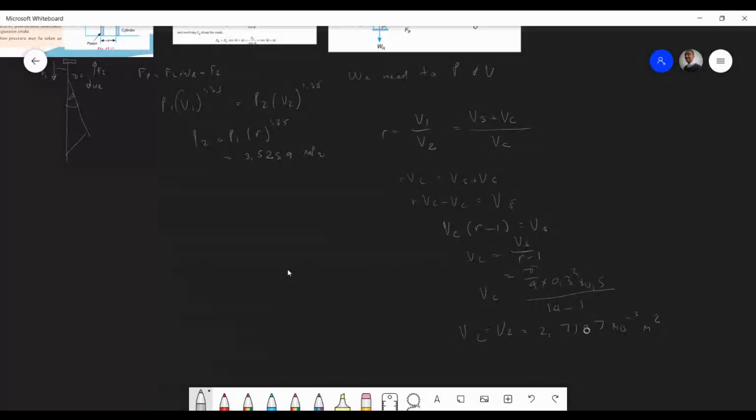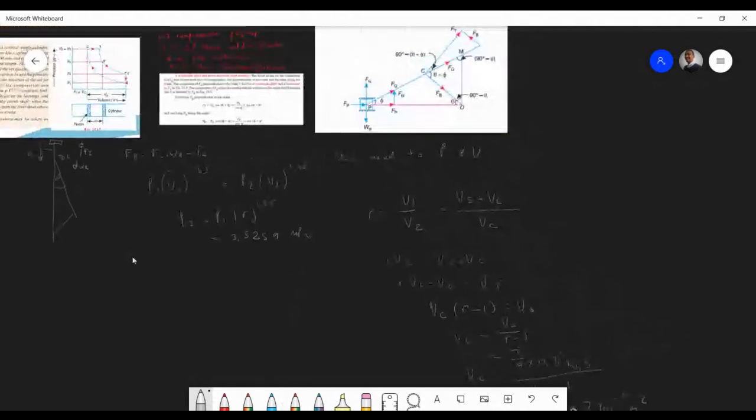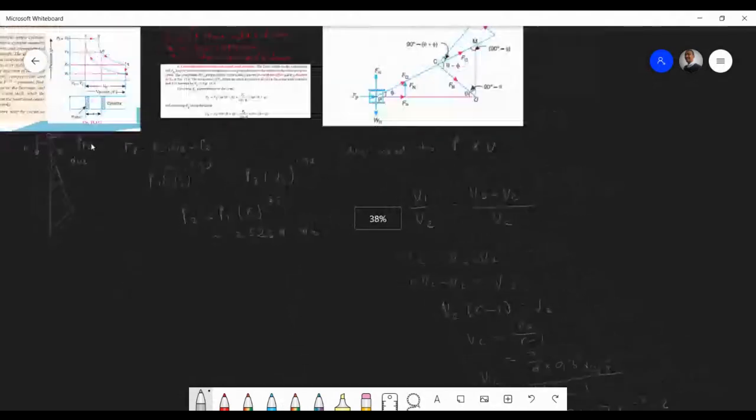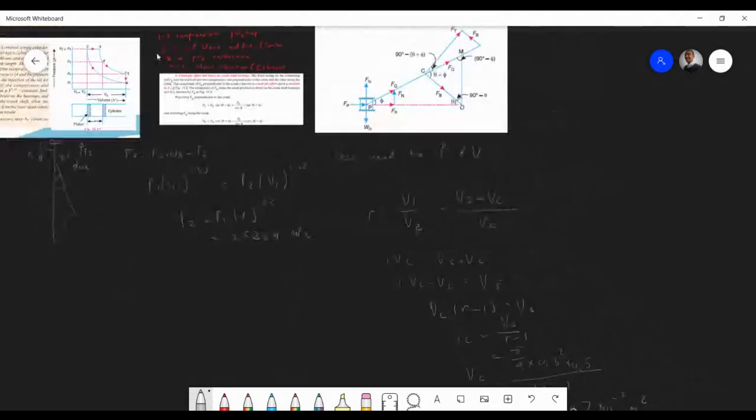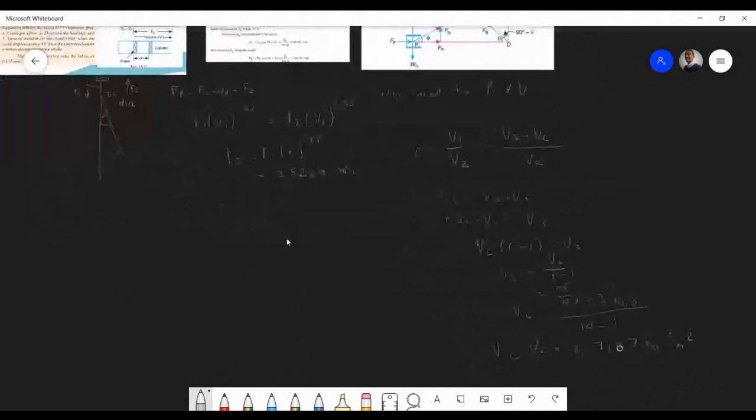Okay, so once we have V2, we have to go to a process now between 2 and 3, right? That's the combustion.